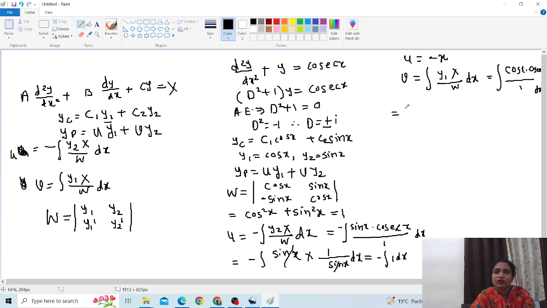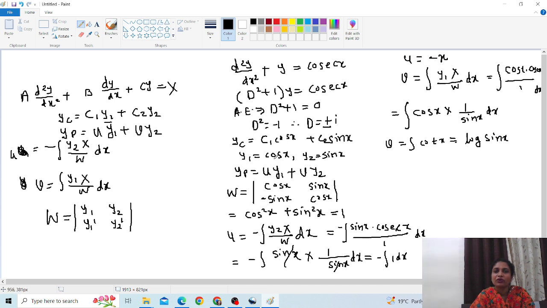So this is equal to integration of cos x into cosec x, and cosec x you can write as 1 upon sin x. So cos upon sin is cot x. Integration of cot x is log of sin x. So in this way you got the value of v as well.